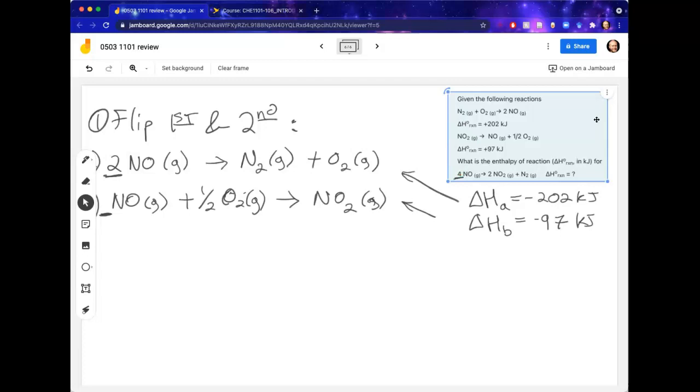And so I think that means we're going to need to multiply this second reaction by 2 to get 2NO as a gas plus O2 as a gas, going to 2NO2 as a gas. And we do want that 2 because that's in our answer as well. So we should be on the right path here.